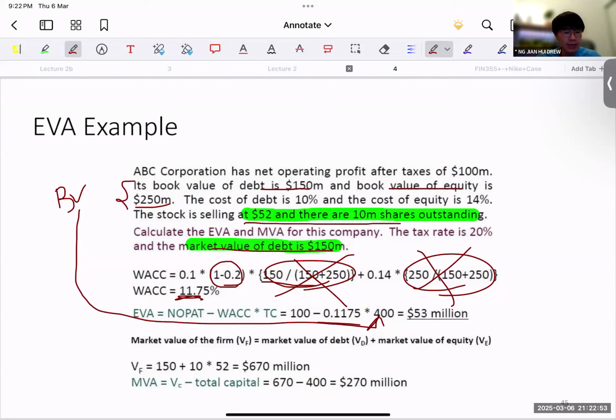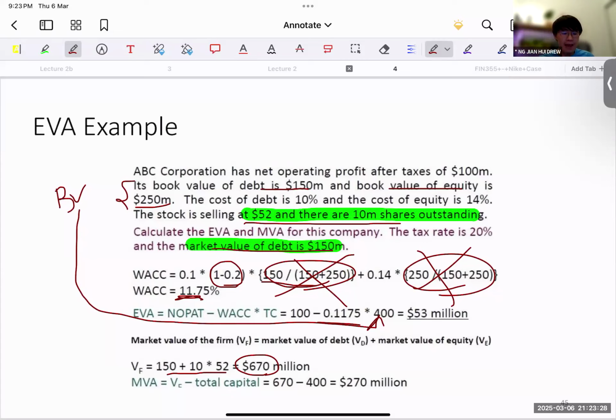But in any case, we are asked next to determine our MVA, which is market value added. We have the market value of the firm, given by the market value of debt plus the market value of equity, which is given as this, 670 million.